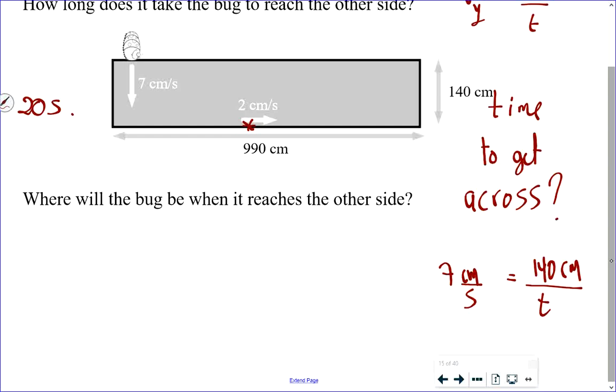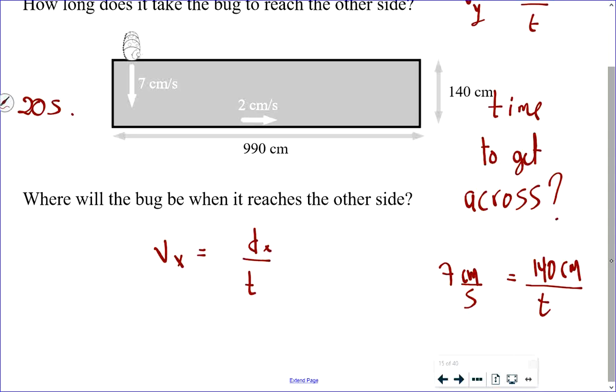Okay. Now that we know it's 20 seconds that way, what we can do is say speed equals distance over time. But let's talk about the horizontal speed and the horizontal distance. The time is the same. If it's 20 seconds to reach the other side, then it's moving vertically for 20 seconds, and it's moving horizontally for 20 seconds.